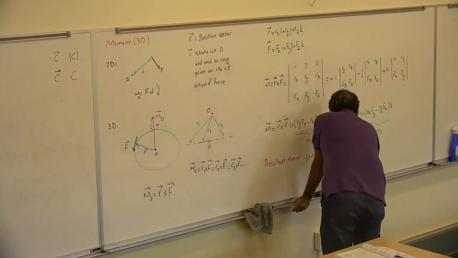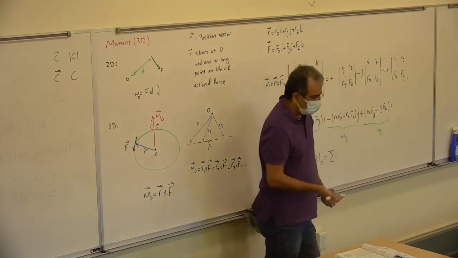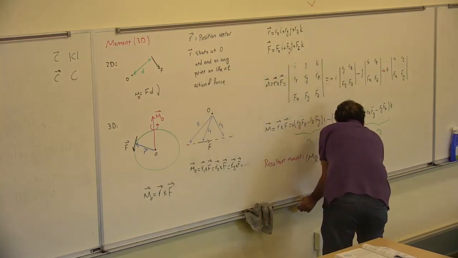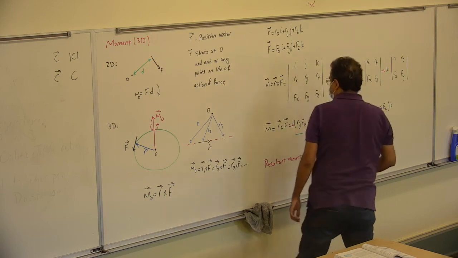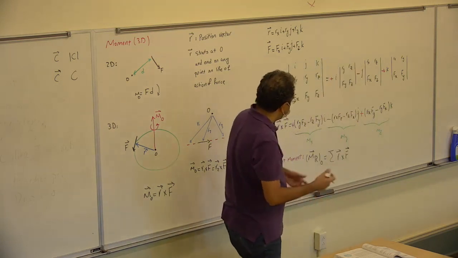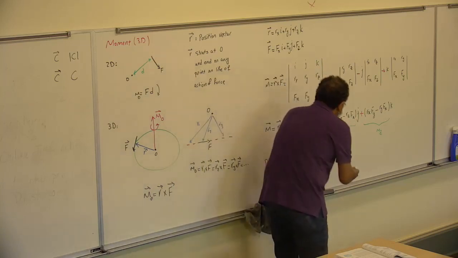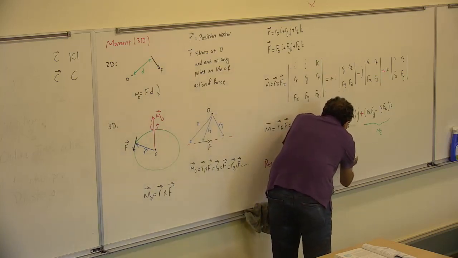The sum of r cross f. Add all the r cross f together.